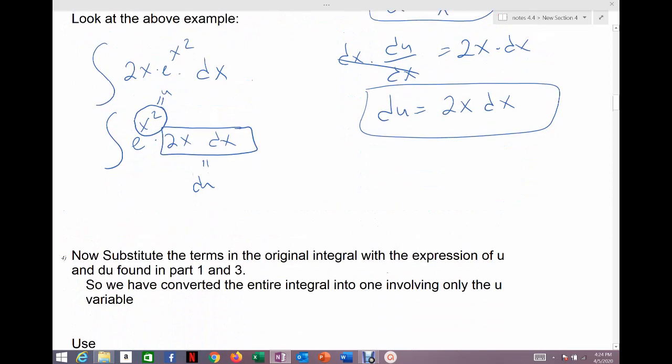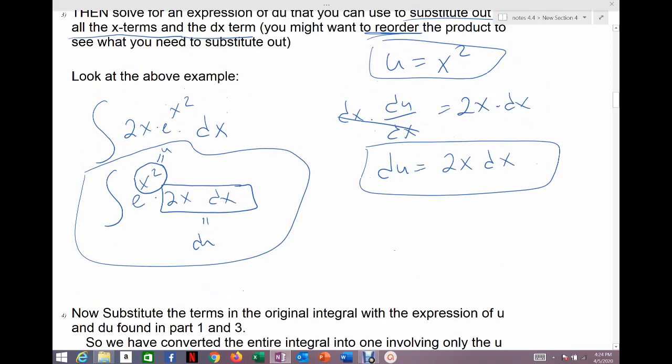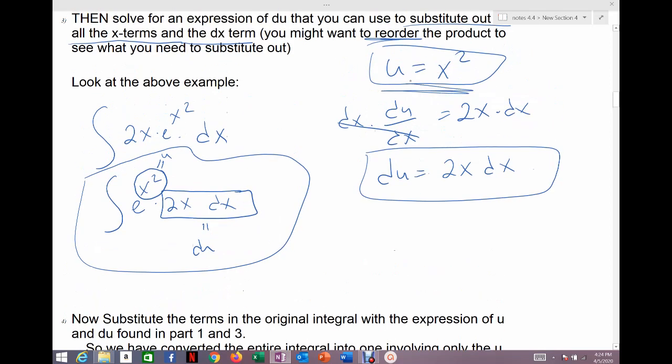Alright, so when I do this substitution, we're substituting out. I'm replacing the x squared with u, right, that's what x squared is equal to, u, and I'm replacing the 2x dx with du, right, that's what 2x dx equals.